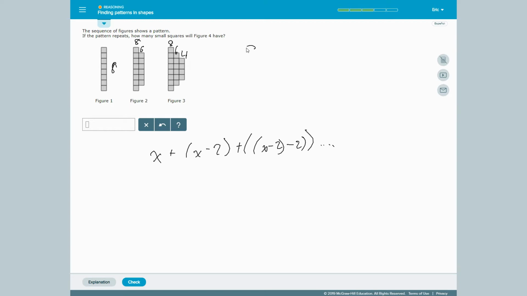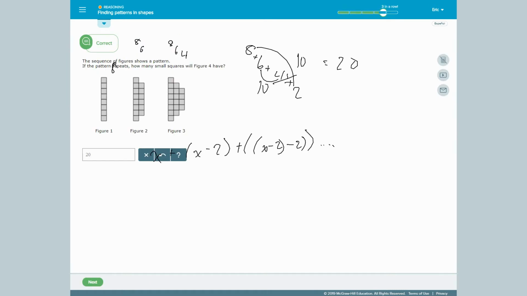And so my last piece would be 8, 6, 4, and what's 4 minus 2? That's 2. And if I add them all together, 8 and 2 is 10, 6 and 4 is 10, 10 and 10 is 20. So my final figure will have a total of 20 blocks. So you're just recognizing patterns, and that's it for a problem like this.